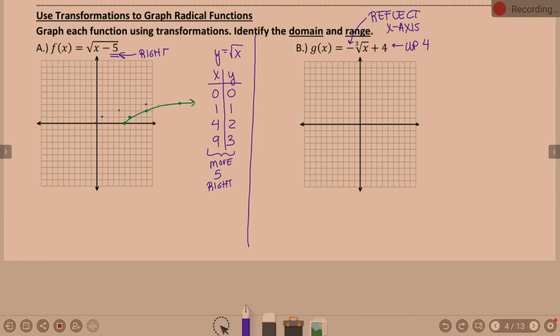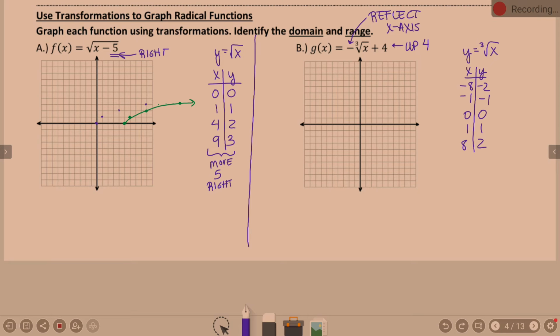So, here's my question. What is the XY chart we're starting with here? This is the cube root of x, yes? So we're going to start with that chart: (-8, -2), (-1, -1), (0, 0), (1, 1), and (8, 2).